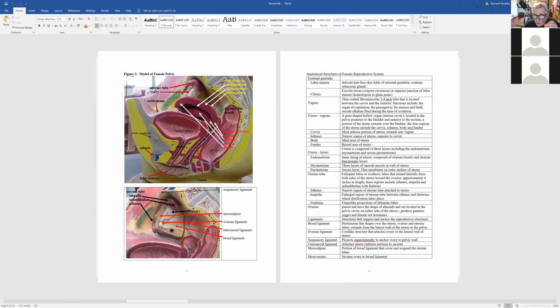And there are all the anatomical structures of the female right there. So you don't have labia majora here because you really can't see it.